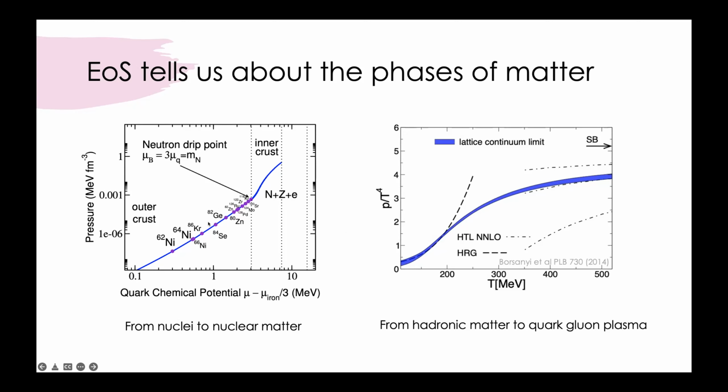With increasing ratio of neutrons to protons, there's eventually a point where you reach the famous neutron drip line, and the matter starts to turn from a lattice of nuclei into nuclear matter, and that transition you can see clearly in the equation of state. There is a shape there, and that again shows that the equation of state tells you a story about the phase structure. In analogy to these pictures, and one can of course make many of these kind of figures.